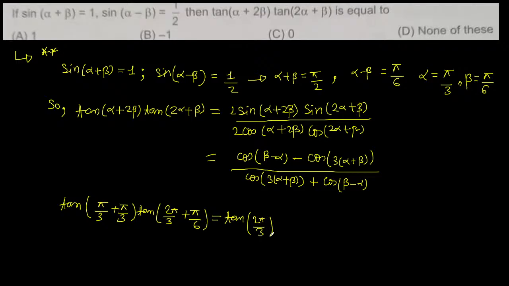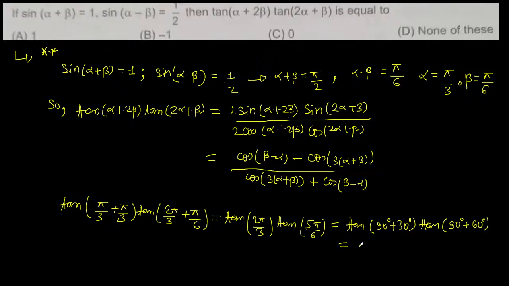One of the options could match like this. Okay, tan 5 pi by 6. Tan 120 is what? 90 degree plus 30 degree. We have tan 90 degree plus 60 degree.